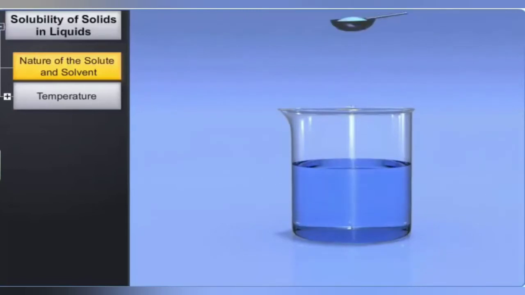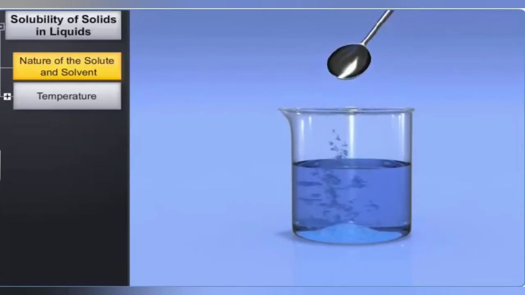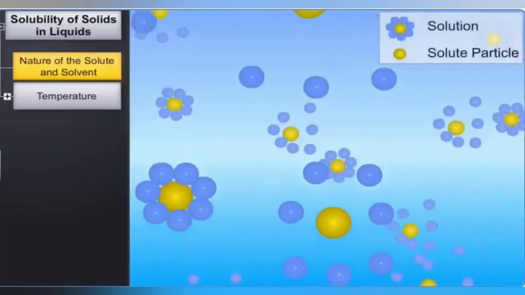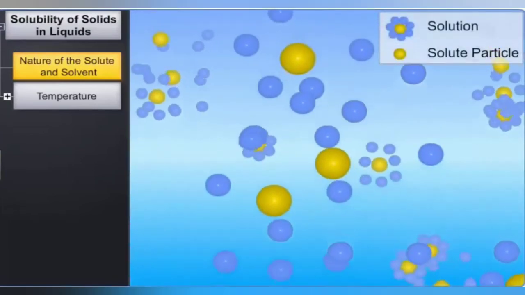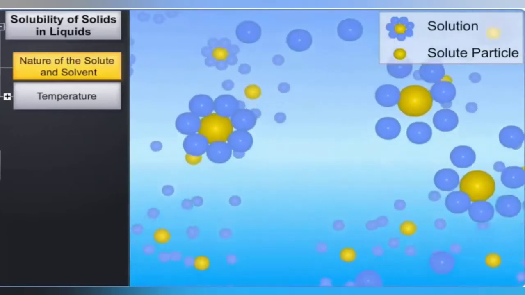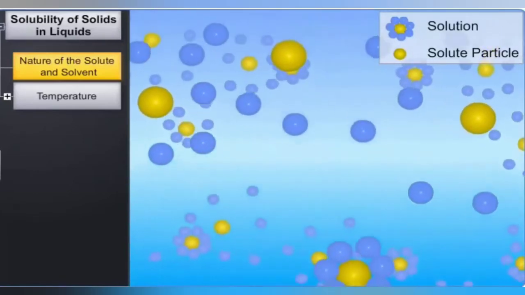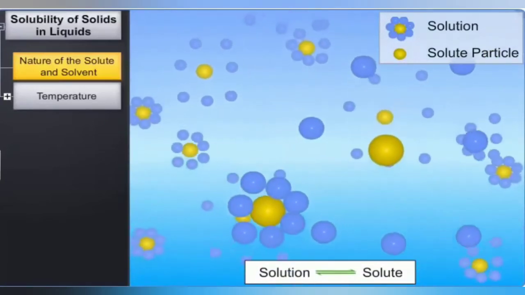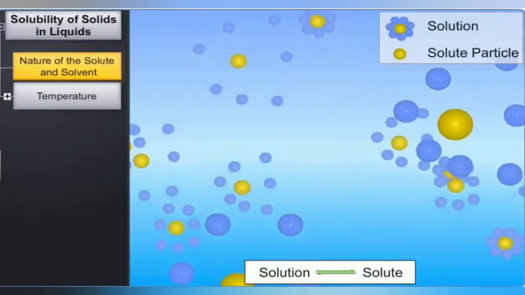If you continue to add the solute, there will come a stage when no more of the solute can be dissolved in the solvent at the given temperature. A state of dynamic equilibrium is reached between the solute particles going into the solution and the solute particles separating out. Such a solution in which no more of the solute can be dissolved at a given temperature is called a saturated solution.